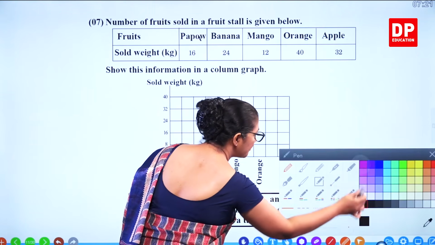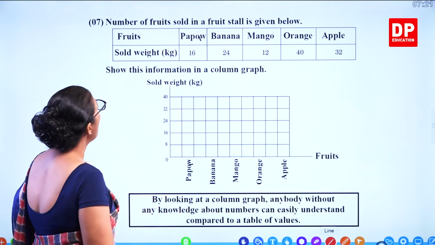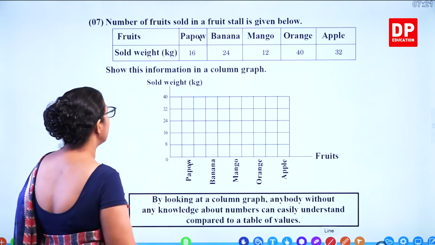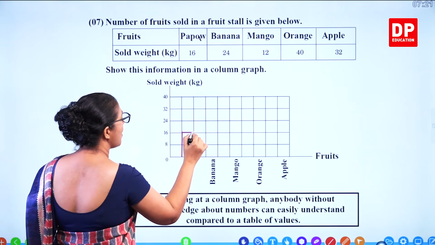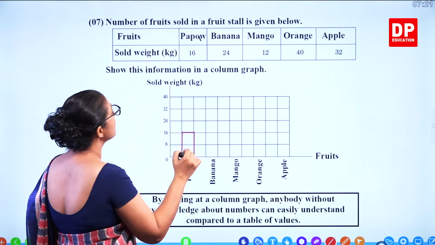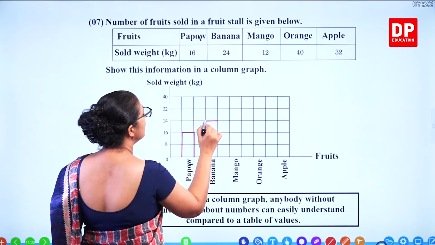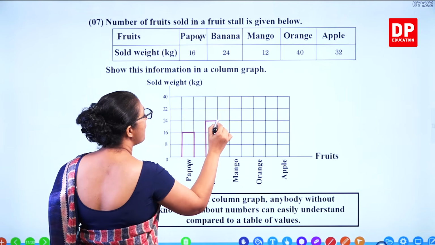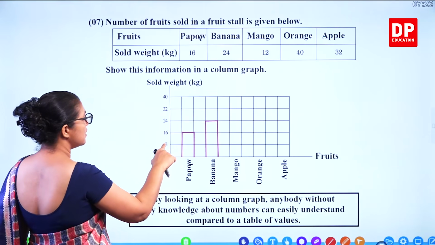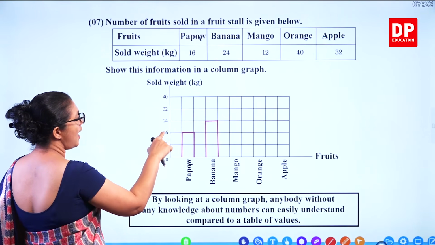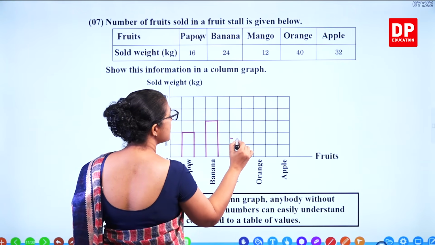You take pawpaw 16 here, so you can draw this bar 16. 24 banana. 12, how can we mark? 8 and 16, in between.